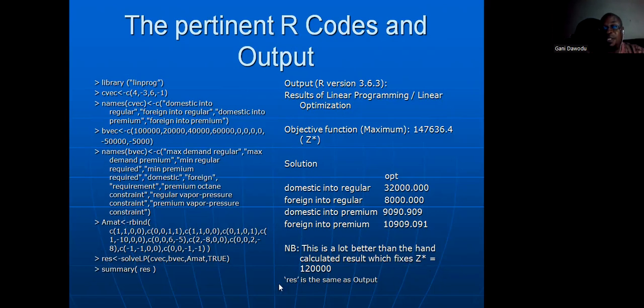The hand calculation says it is 120,000, whereas the program says it's 147. This is more reliable than the hand calculated result, like I said, due to the things that it is subjected to. Mind it, result is the same thing as output. Our result here is the output that I have displayed.